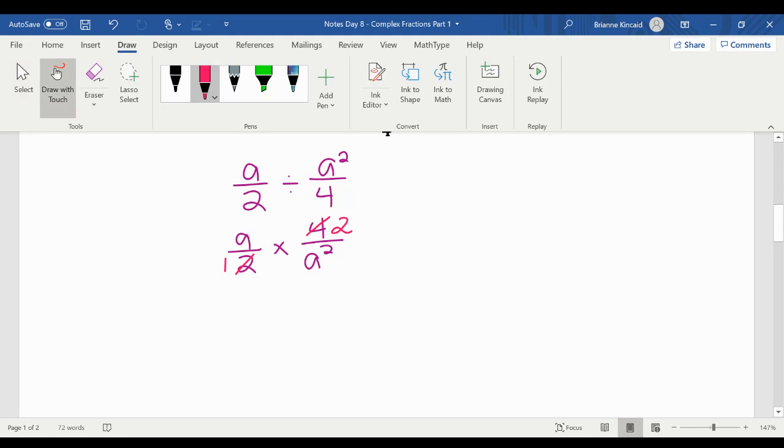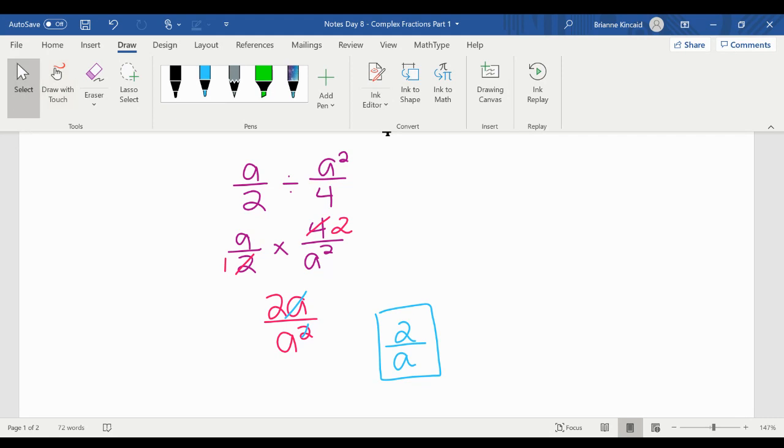So now I multiply across, that's 2a over a squared. And I can go ahead and eliminate the a in the numerator with one of the a's in the denominator for a final answer of 2a. Canceling out an a would give you an excluded value of 0, but because you still see the a in the denominator, you don't need to list it.